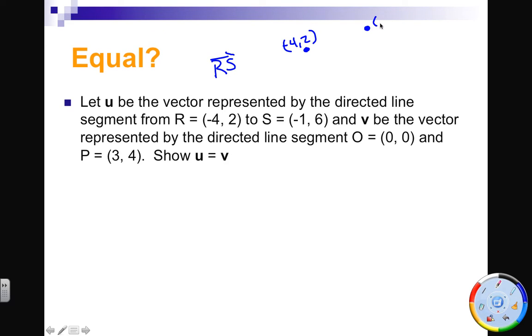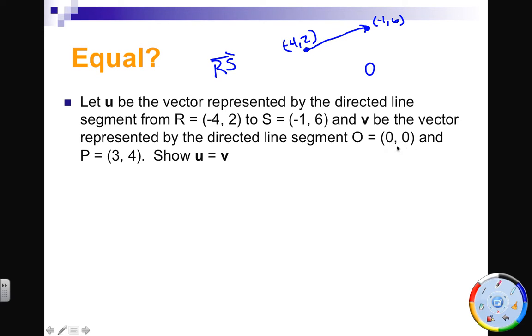That looks like right about there. That would be a representation of my vector. But then we're also looking at the vector going from O to P. Anybody want to guess why it's called O?